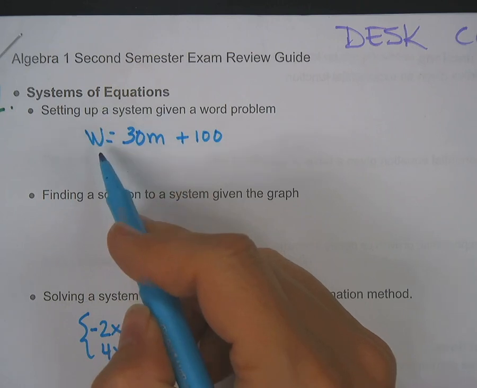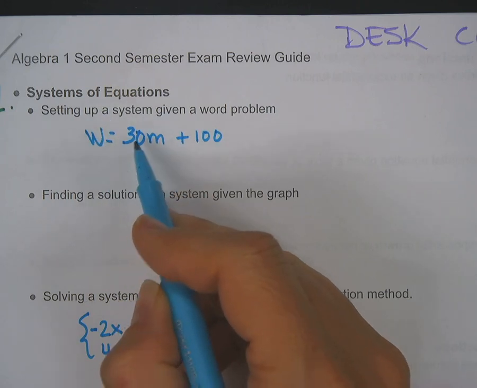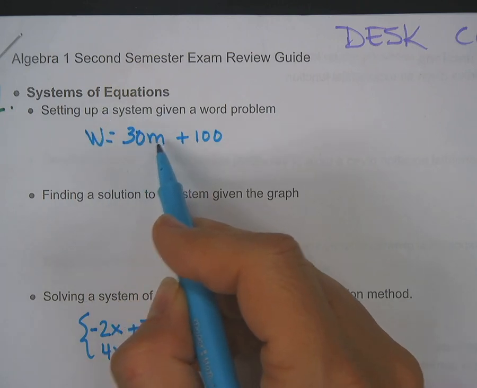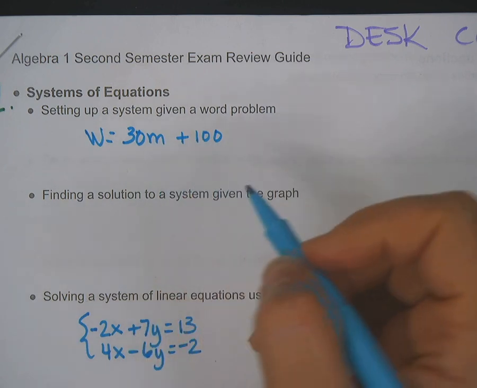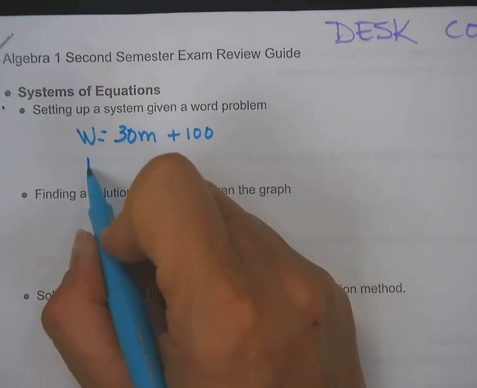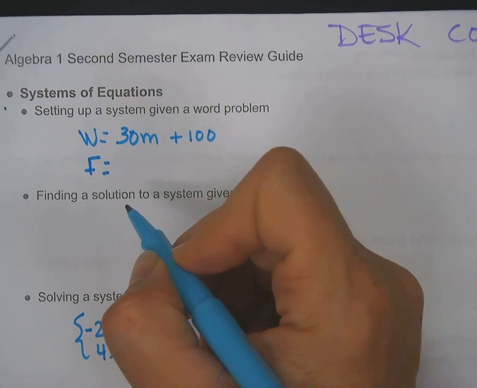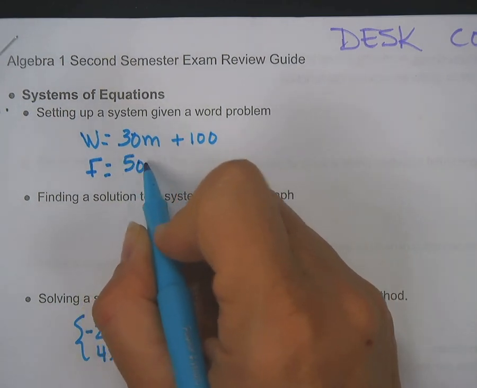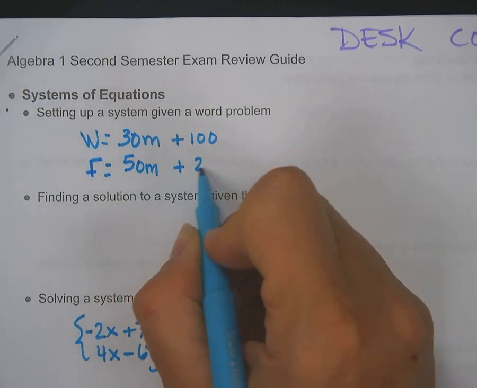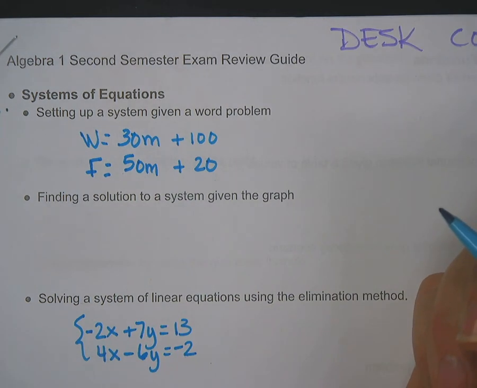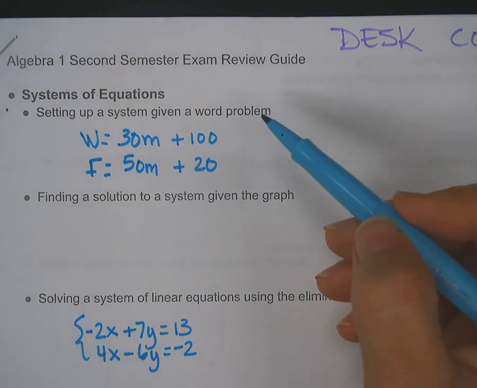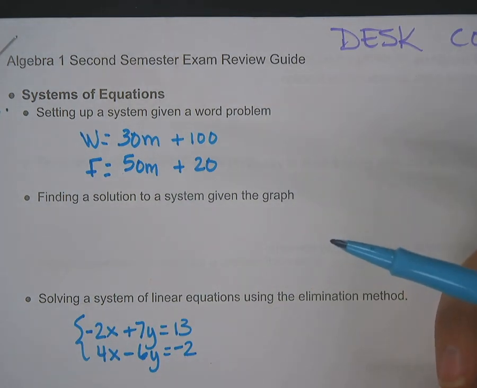So that's why we did 30M plus a $100 startup fee. FitWorks offers a membership for $50 each month plus a $20 setup fee. After how many months will the membership of both gyms cost the same?